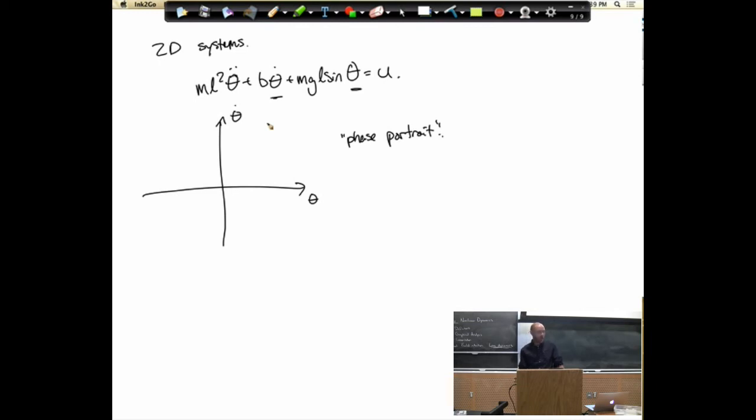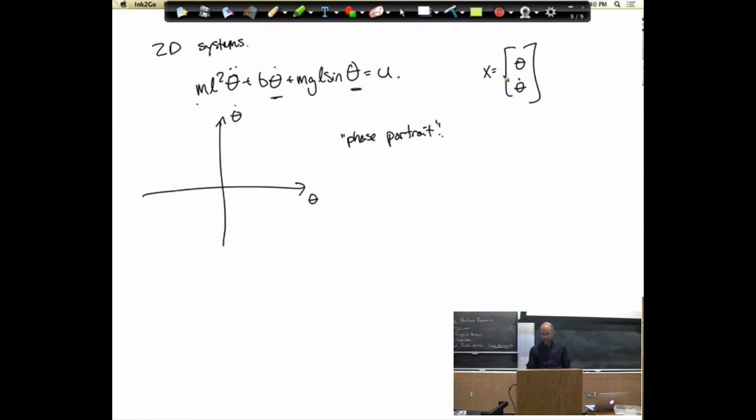Turns out we can still do graphical analysis. It gets more complex. We won't be able to say quite as many things, but we can still see a lot of different things. Okay, so you know that this is a second order differential equation, but you could think of it as 2 first order differential equations, right? I could always write it in my state space form.